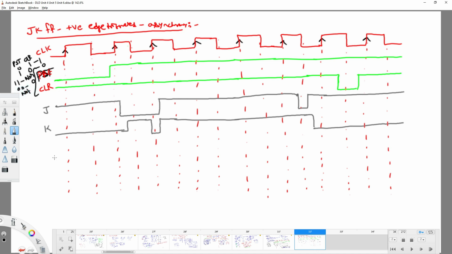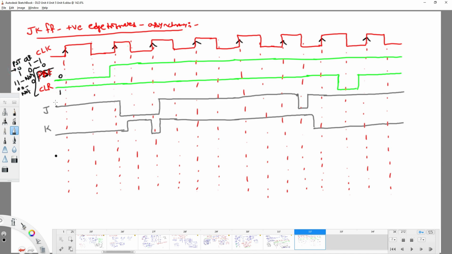Now if I am at this point of time, as it is not a clock, we should not think about the clock here. Preset is 0, clear is 1, so you have to get this case.